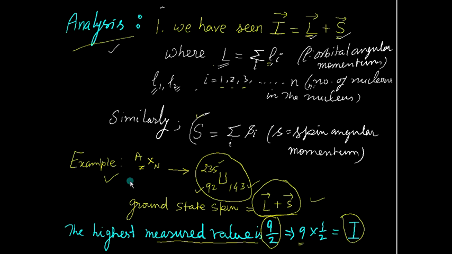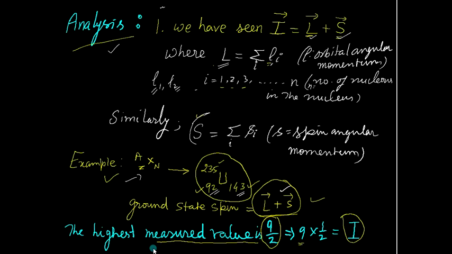So by taking a simple example of uranium-235, where the proton number is 92 and the neutron number is 143, the ground state spin should be equal to the vector sum of L and S. Total spin will be equal to the sum of these two.